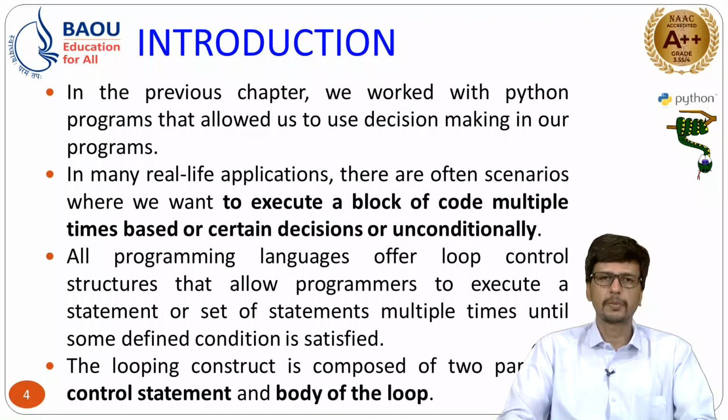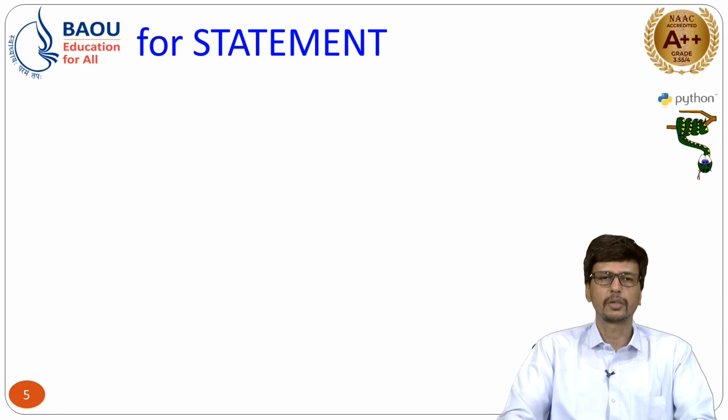So that test expression or condition is considered the control statement, and after successful evaluation of that condition, whatever statements are executed reside in the block, and that is nothing but the body of the loop, right? So you can execute those statements based on a certain decision or unconditionally, depending on the condition.